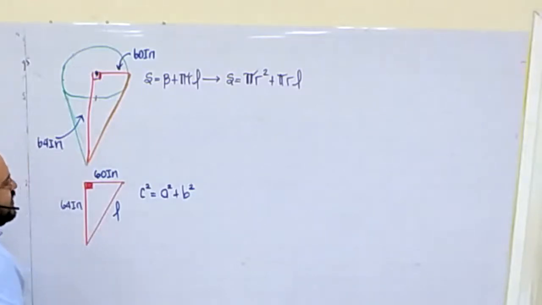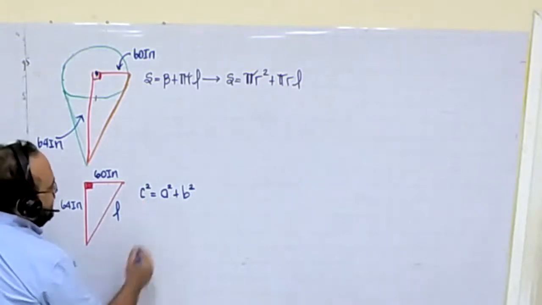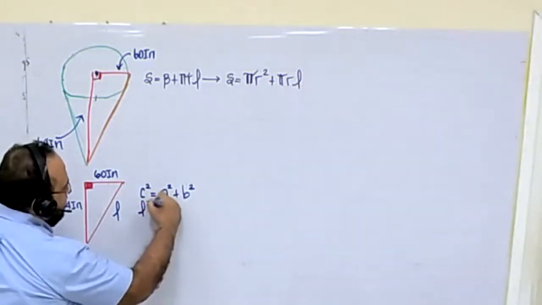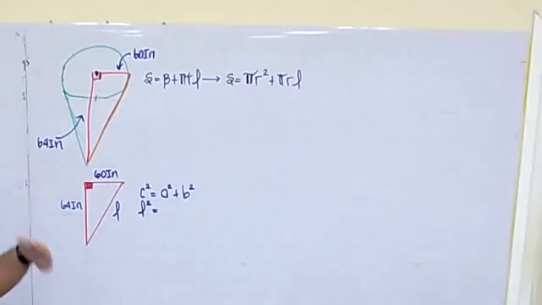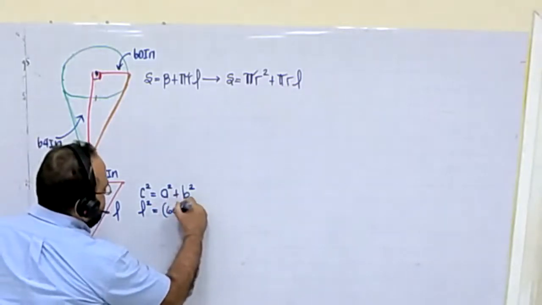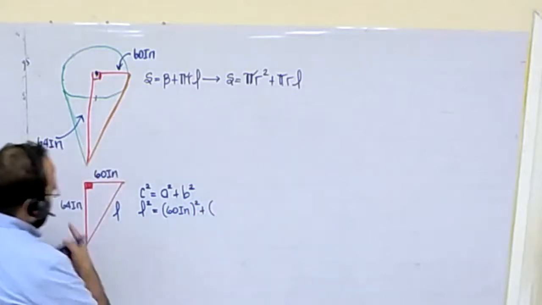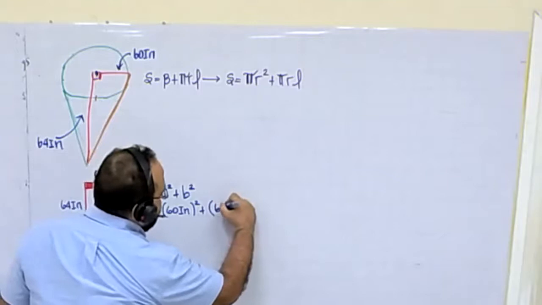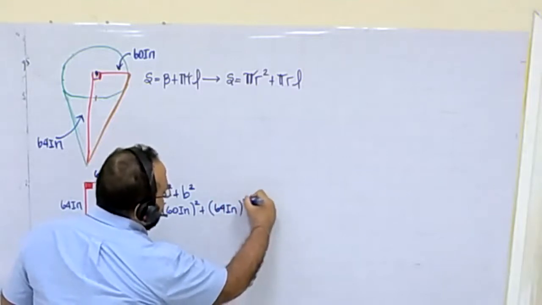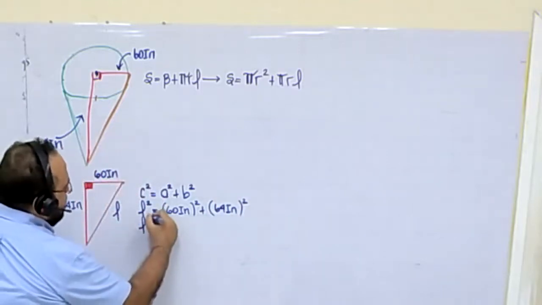What we have to do is simple, we're going to replace those values. Instead of saying c, I'm going to say L squared equals a, which represents the smaller side of the triangle. My mistake. The smaller one will be 60 inches, second power, plus the other one, 64.